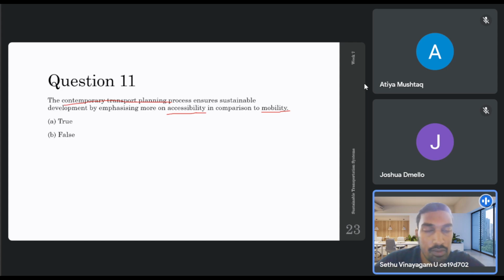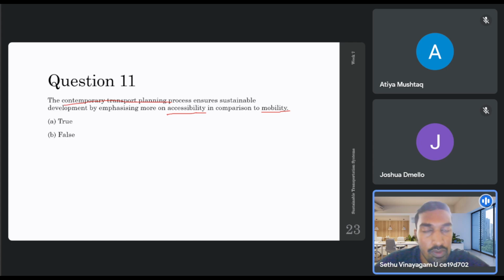So if you plan your systems well, we looked at the different approaches, such as transit oriented development, and how we can plan the land use and also plan the transportation system together with the land use to encourage people to use public transit more than private systems, right? So when you plan it in such a way, the different activities are more accessible by using public transportation rather than going with your personal vehicles.